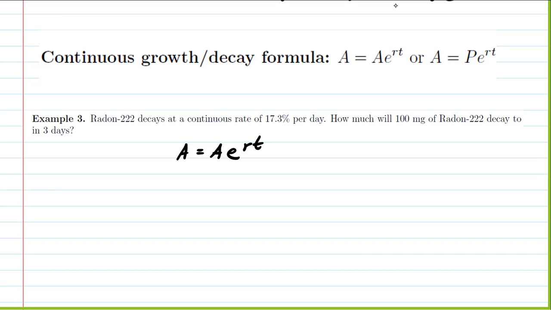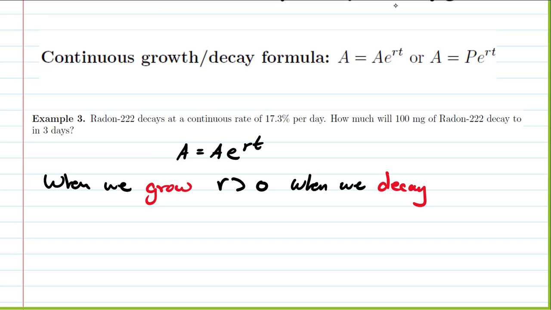So a couple of things we need to take note of. When we have a decay rate, so when we grow, r is going to be bigger than 0. When we decay, r is going to be less than 0. So we have our decay rate.